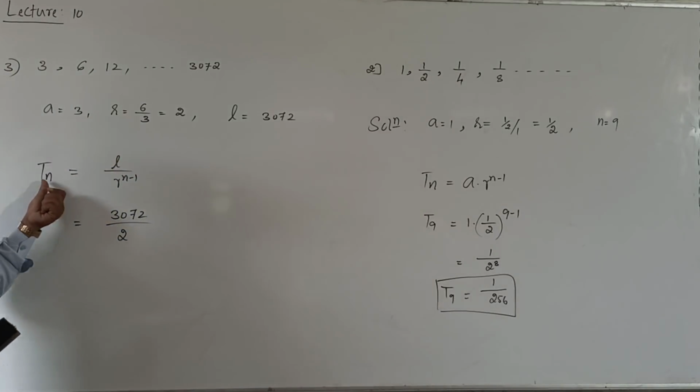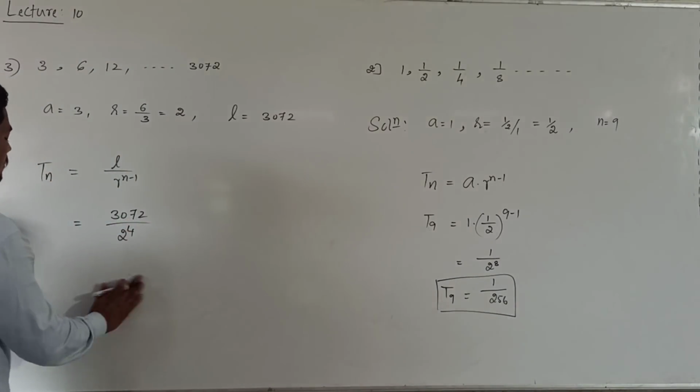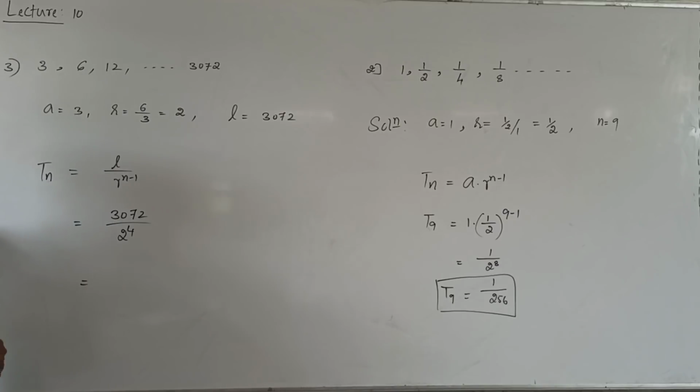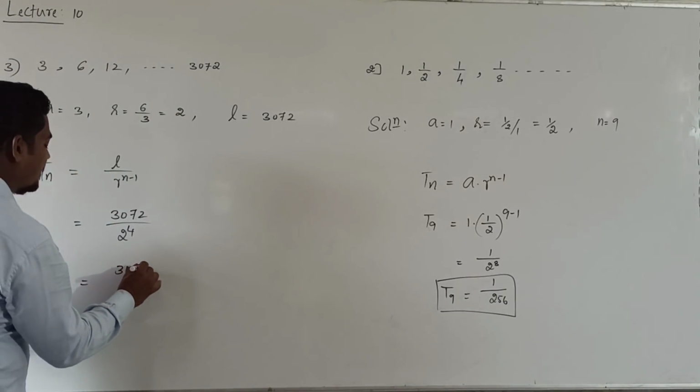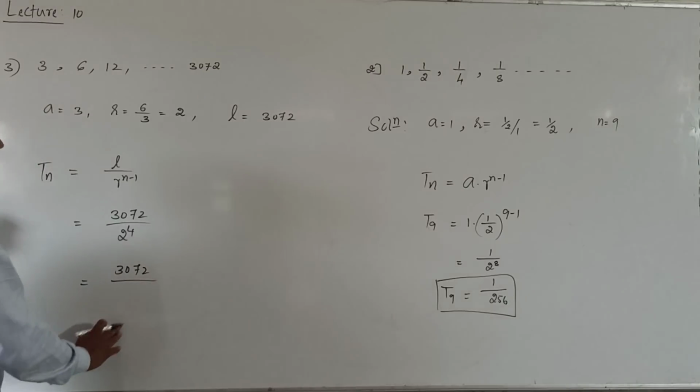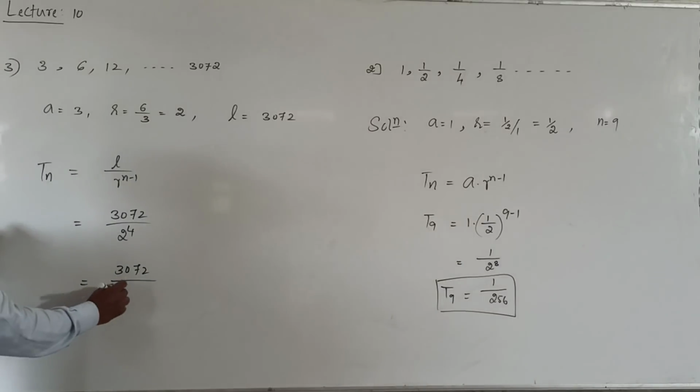Sorry, we need to find fourth term from the end, means n value 4. Nth term from the end means take n value 4. Fourth term from the end, then 3072 divided by 2 power 4. What is 2 power 4? That is 16.